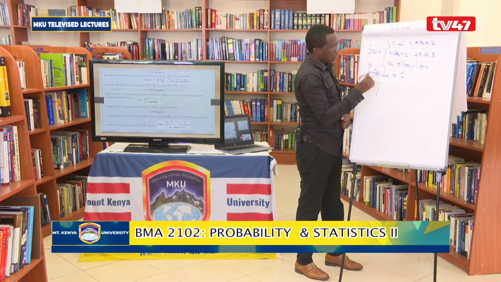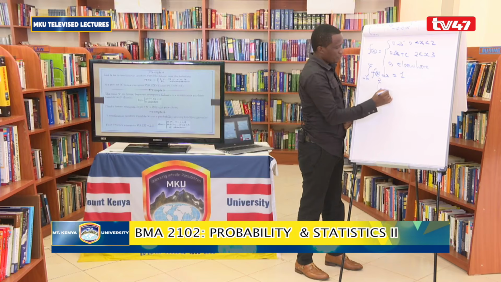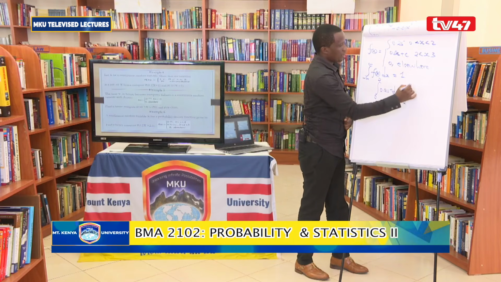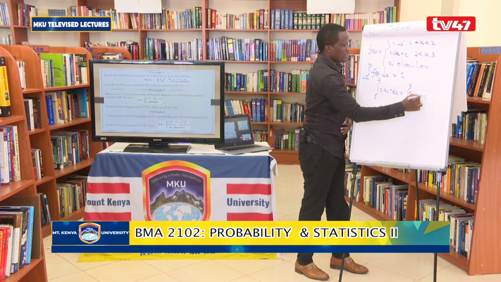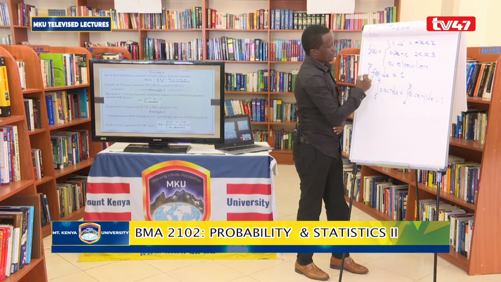So the integral from 0 to 2 of 0.25 with respect to x plus the integral from 2 to 3 of 0.5x plus c with respect to x should be equal to 1, because we are using this property.